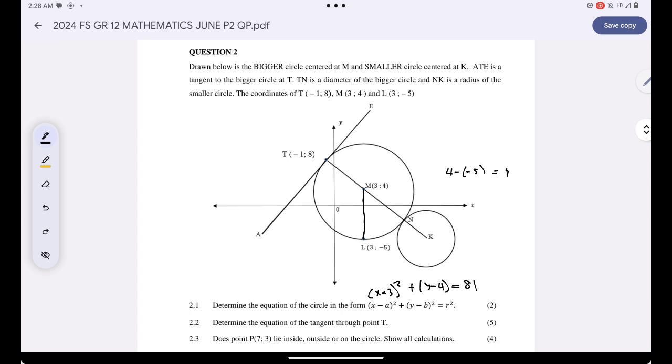That means we can use the product rule of perpendicular lines. So the gradient of the radius, which is TM, is y2 minus y1 over x2 minus x1, right? Simply say 8 minus 4 all over negative 1 minus 3.